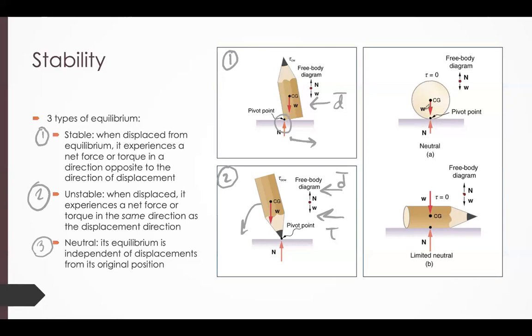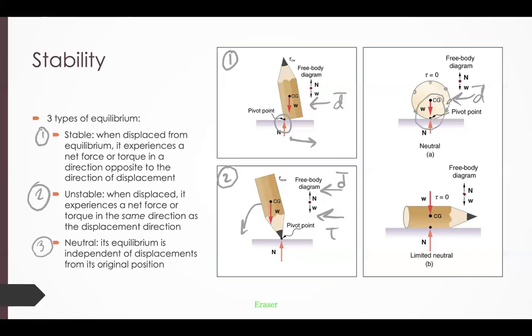So here we have an example of one, where we've got some type of sphere or circle, and as it rolls in either direction, so if I put some displacement vector here and it rolls, the equilibrium is going to be independent of that. So it's always going to have its little pivot points as it goes around.